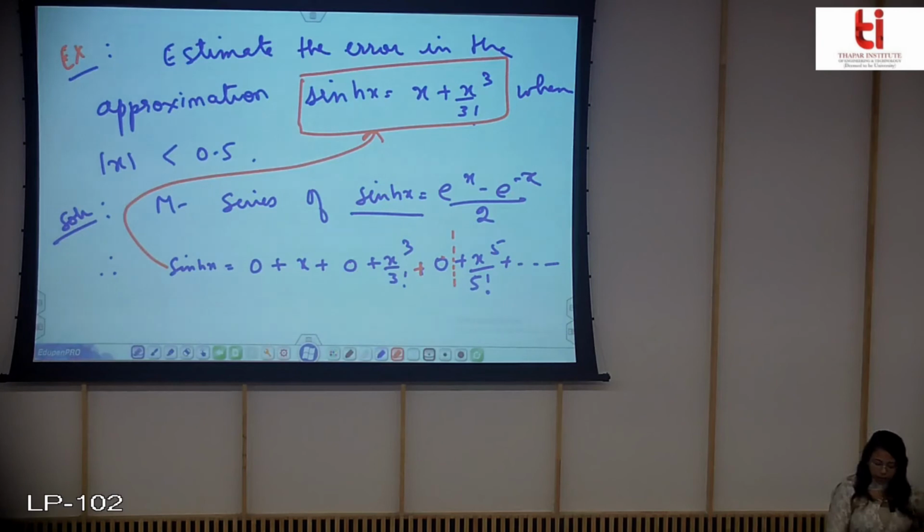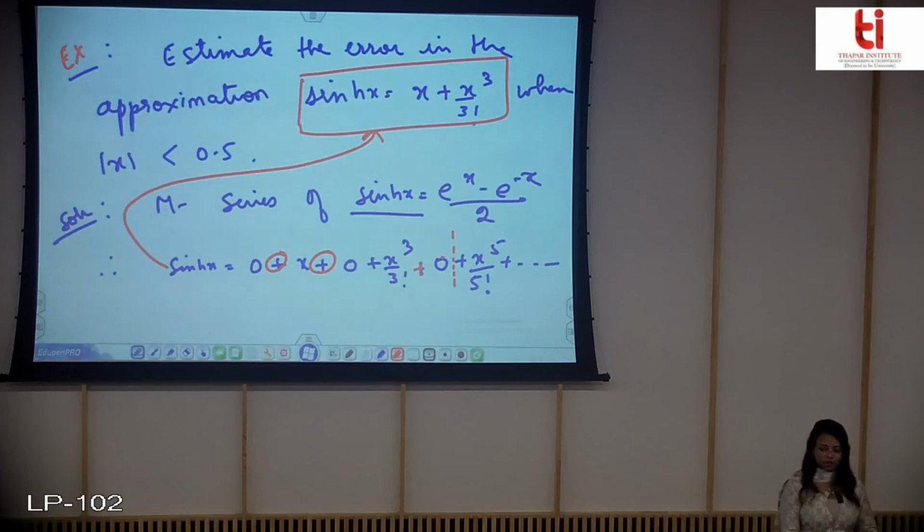So by the Taylor formula, here you can easily see that we cannot apply the alternating series estimation theorem because all the signs are positive. So we will only solve this by the remainder estimation theorem.